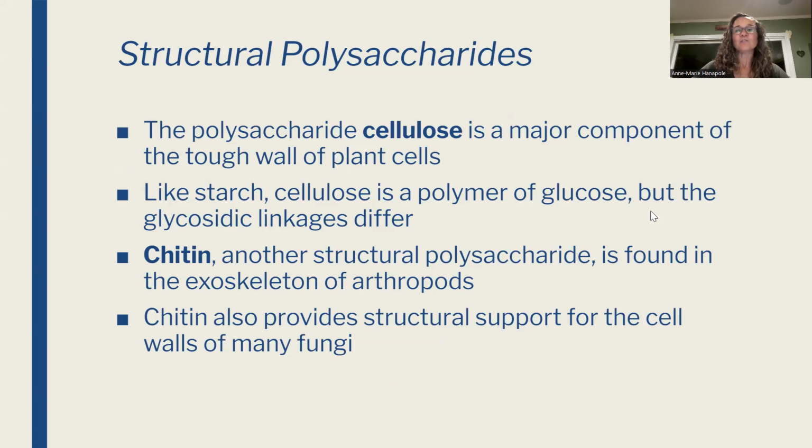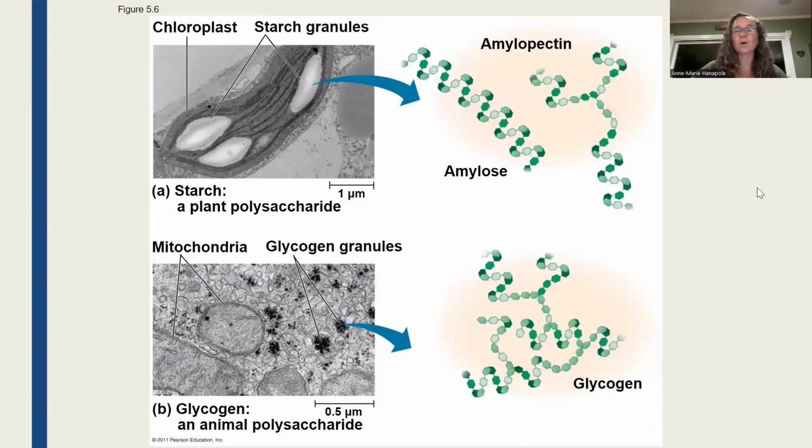And then we've got structural polysaccharides, which are more for forming structures within the cells. The storage ones are for energy storage. So when we're eating our bread or our spaghetti, that is the starch stored in the bread and the spaghetti, and we're getting energy from that.